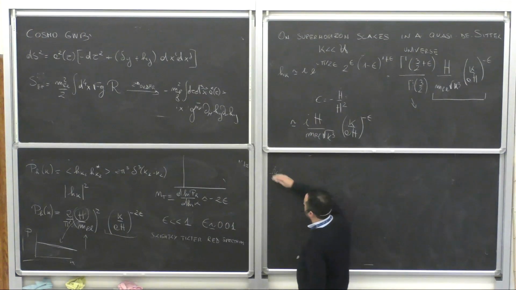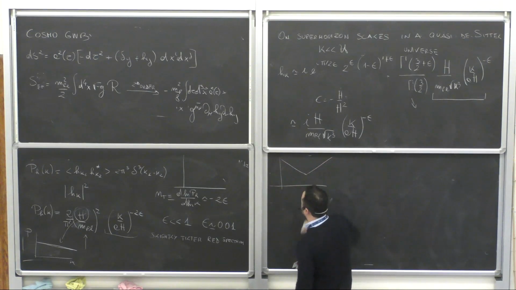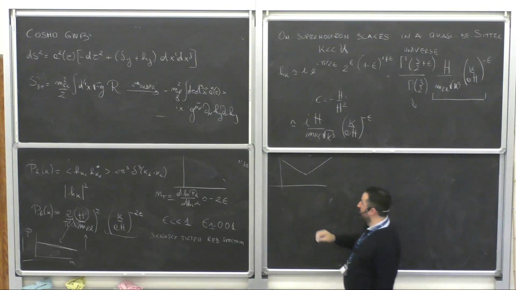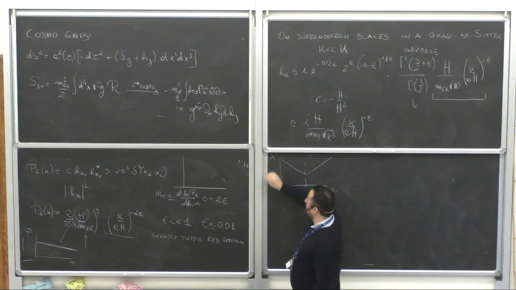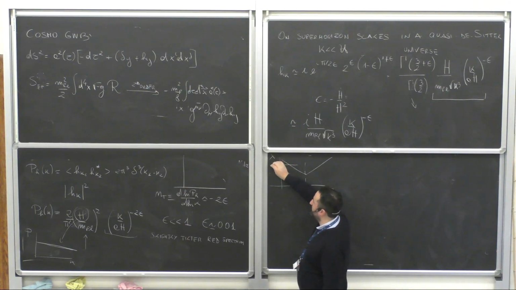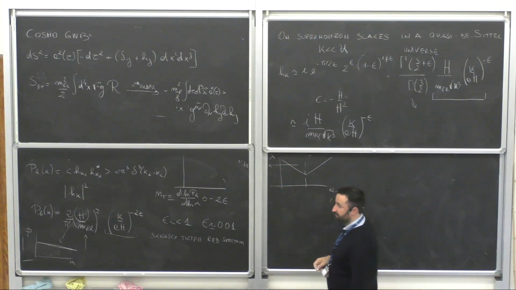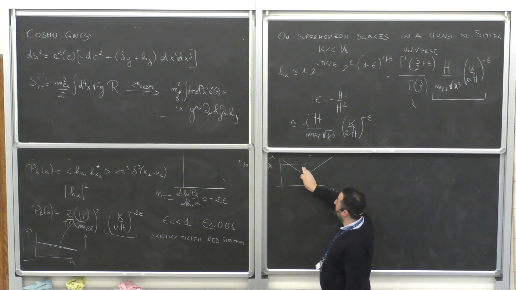Here we are computing inflationary observables. Here I have a, here I have the comoving wavelength. I take a mode of wave vector k that is related to lambda, and I compute the power spectrum on super horizon scales.